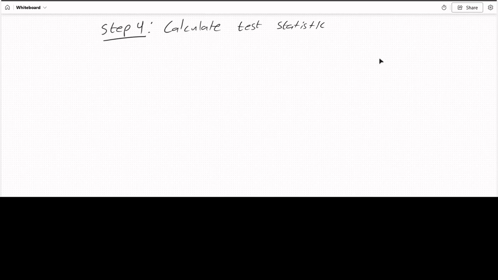This test statistic takes into account how many people we surveyed and how extreme the difference was, and then we can use this value to see if it's extreme enough to form our conclusion. Okay, this is a little hand wavy right now, but we'll see what that looks like.